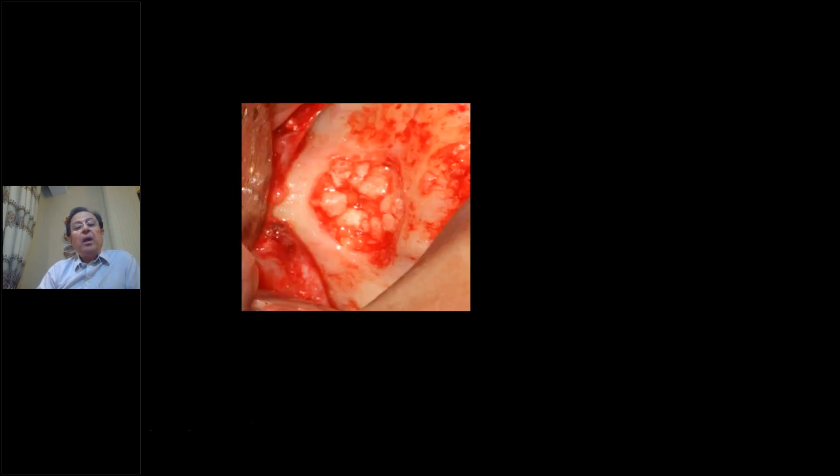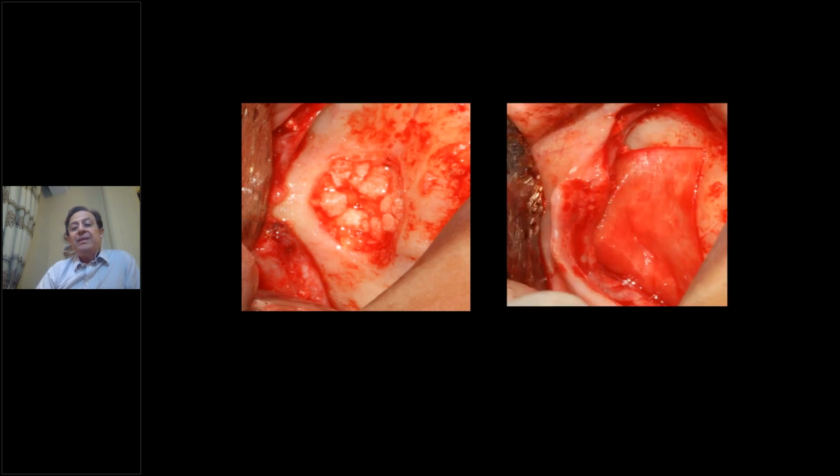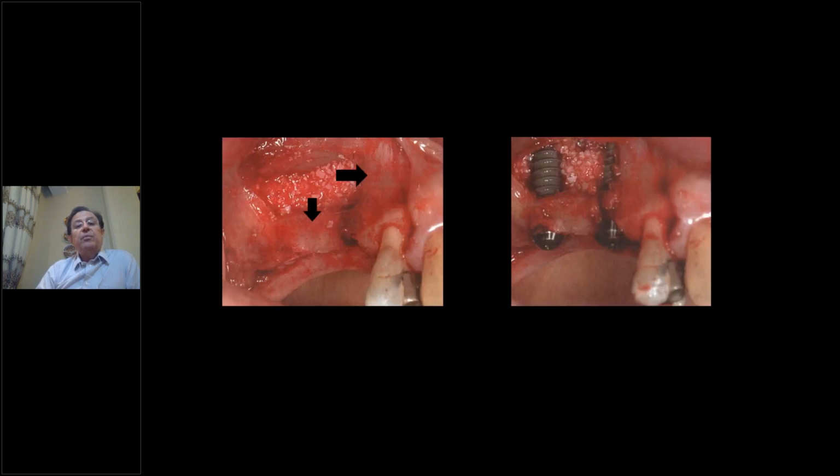We can fill the sinus with different biomaterials and cover it with a collagen membrane, and after that we close this area.